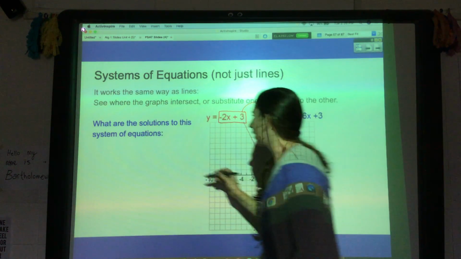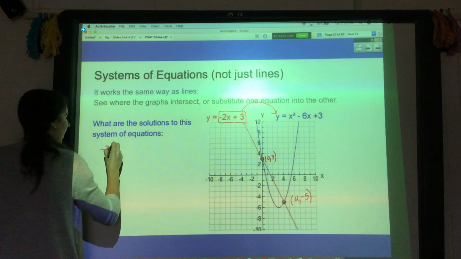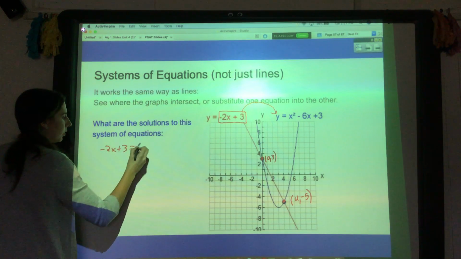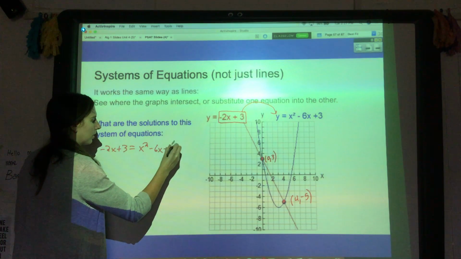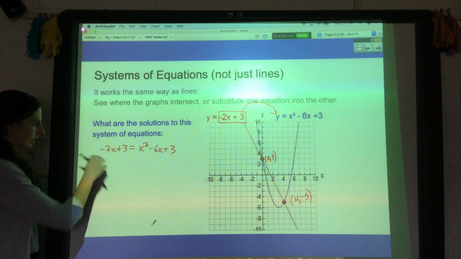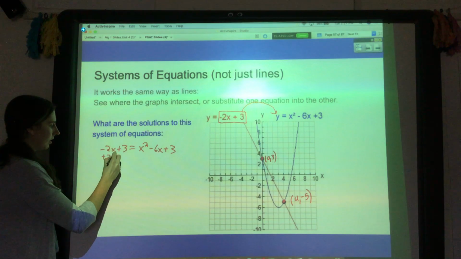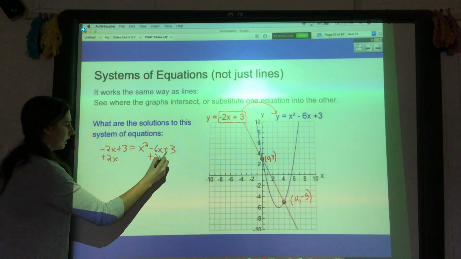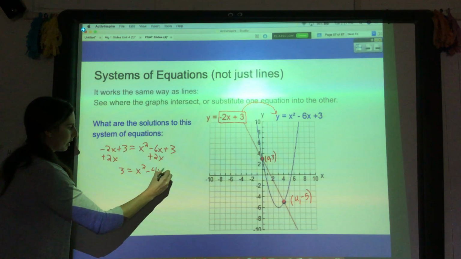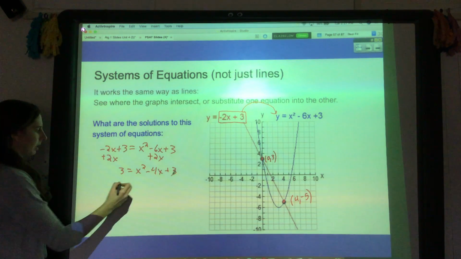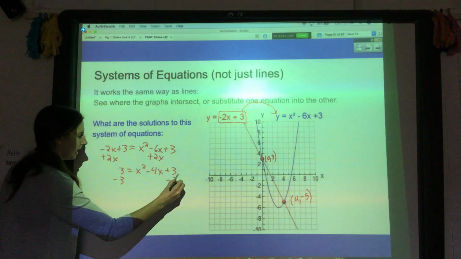So I would have negative 2x plus 3 equals x squared minus 6x plus 3. And then to solve this, I move it all to the same side. So I get 3x squared minus 4x plus 3. Then I'm going to subtract 3 from both sides.